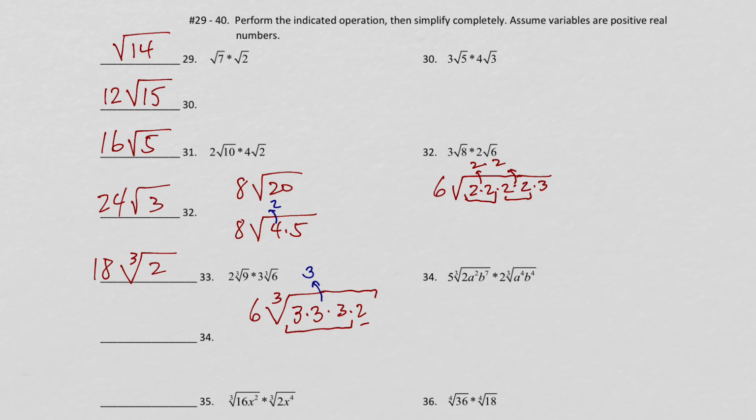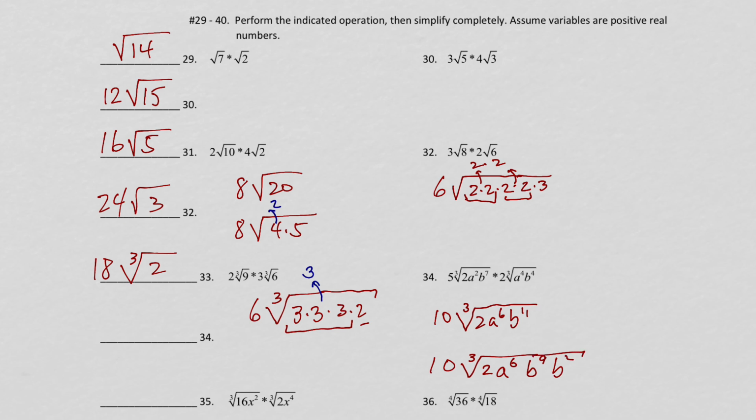All right, I'm going to multiply 5 times 2 and I'll get 10. Then I have the cube root. I'll just put it all together. So I have 2a to the 6 because 2 plus 4 is 6, and b to the 11. And then I'll rewrite this. The 2 remains like it is, the a to the 6 is like it is, but the b to the 11 I'll write as b to the 9 times b to the 2nd.